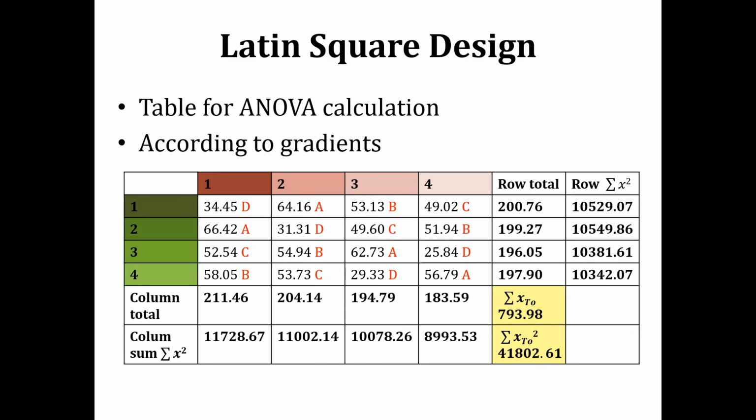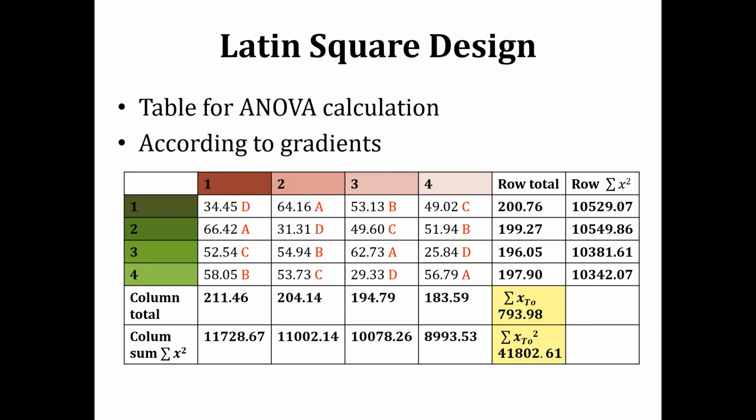Then we have the next row, which is 199.27. So this is the total of the second row, and the second row is the second gradient of the road, and it has got all the 4 treatments and all the 4 gradients of river. Then we have 196.05. So this is the total of row number 3, and row number 3 is our gradient number 3 of the road, and it has got all the 4 treatments and all the 4 gradients of the river.